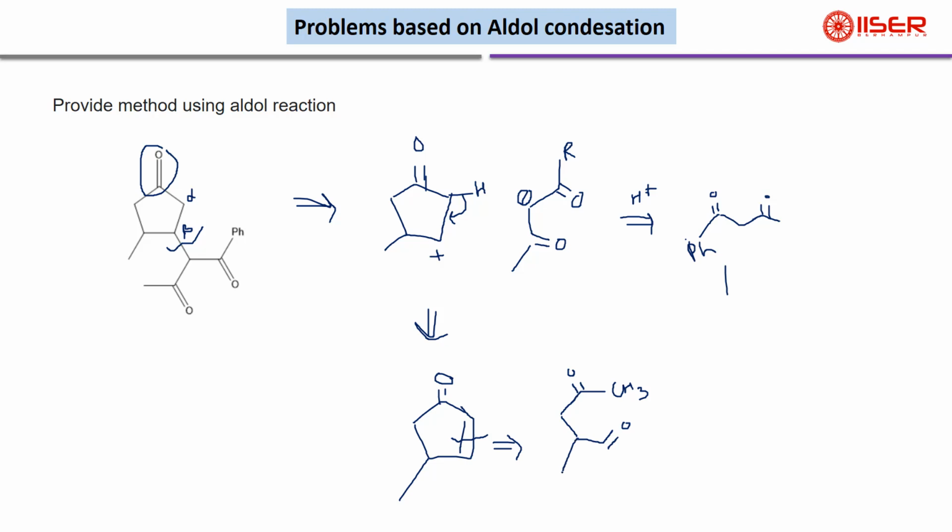So this is prepared through aldol reaction, and after that this alpha beta unsaturated cyclopentanone gets conjugated with another molecule of this diketoaldehyde, then it gives this Michael addition product.